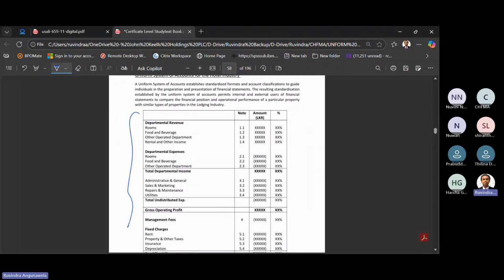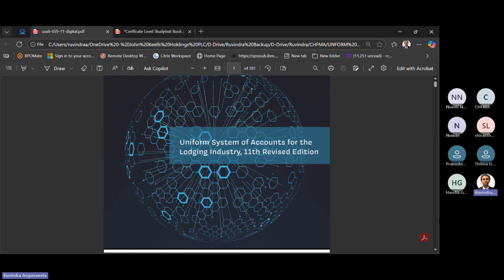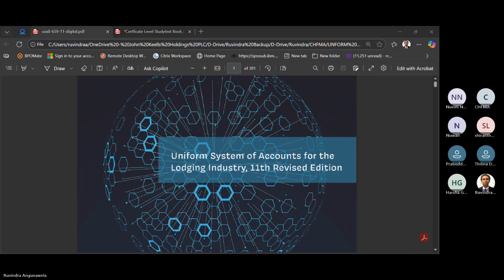And then we are referring directly to the uniform system of accounts, the 11th edition. Now, you see on screen the uniform system of accounts for the lodging industry, 11th edition. Is it visible? Yes, sir. Okay, so this is the one that is available. I think one of the students has shared the 12th edition, but those are the changes only, I think.